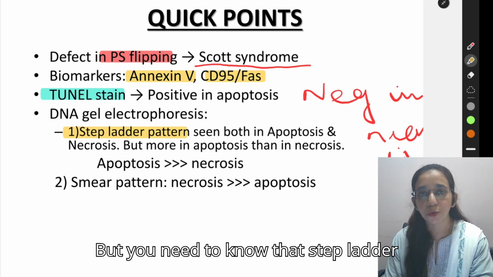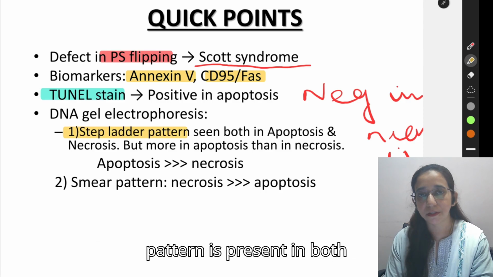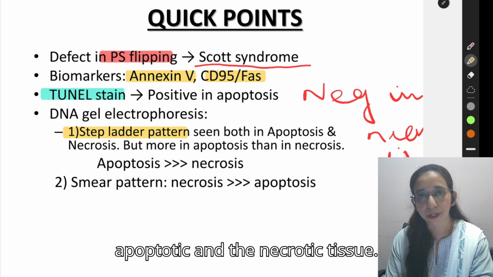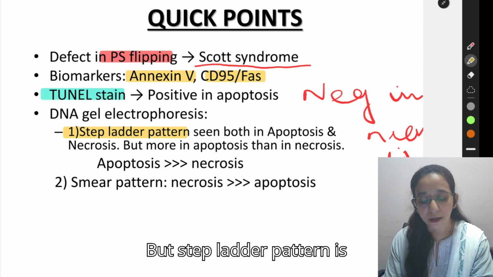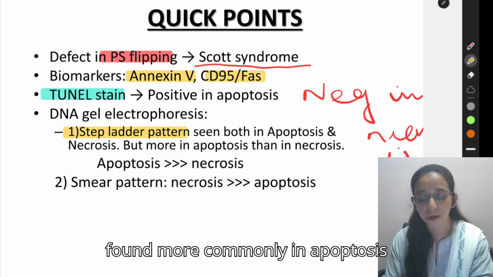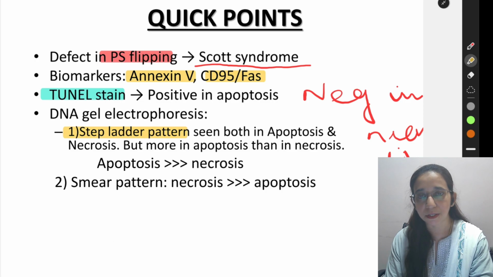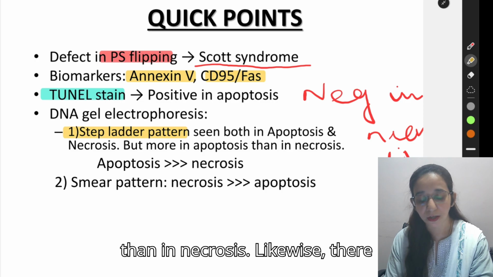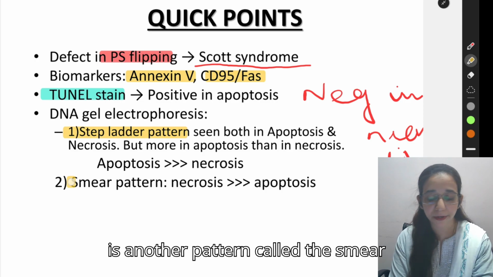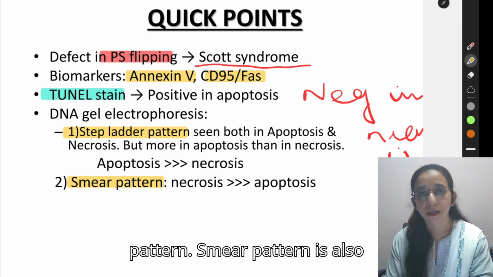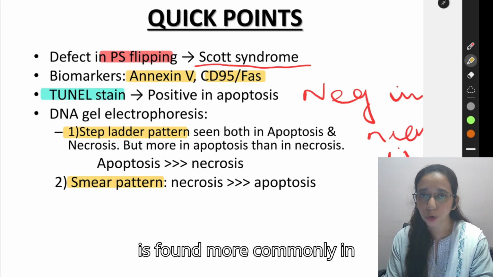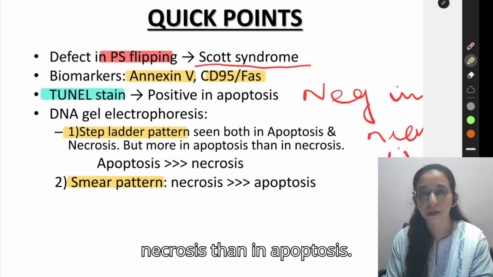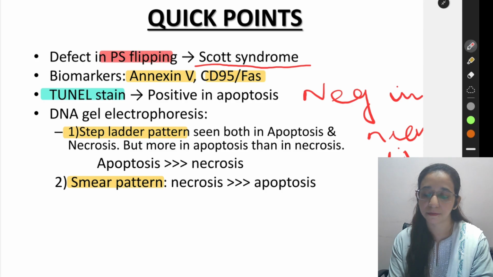But you need to know that the step ladder pattern is present in both apoptotic and necrotic tissue, though it is found more commonly in apoptosis than in necrosis. Likewise, there is another pattern called the smear pattern. The smear pattern is also found in both apoptosis and necrosis, but is found more commonly in necrosis than in apoptosis.